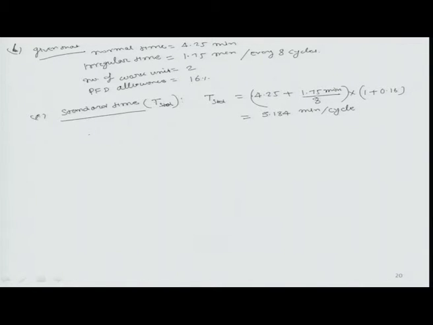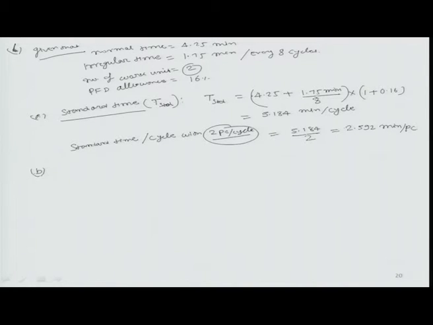Okay. Again the number of work units is 2, so the standard time per piece, with 2 pieces per cycle, will be 5.184 divided by 2, which is equal to 2.592 minutes per piece.